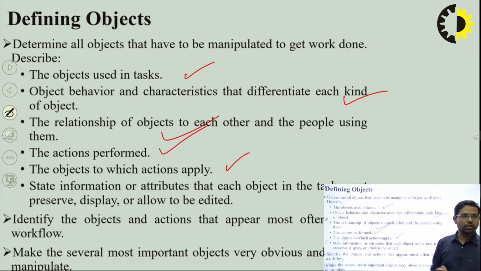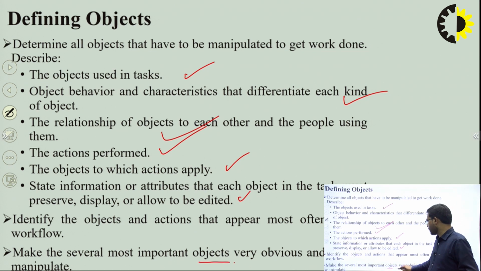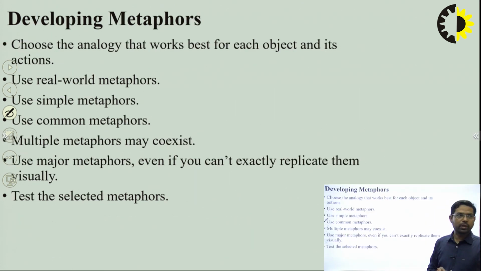The state information or attributes of each object in the task must be preserved, displayed, or allowed to be edited. So identify the objects, and identify the actions, which action is performed on which object. These are some of the workflow steps. Make the several most important objects very obvious and easy to manipulate.